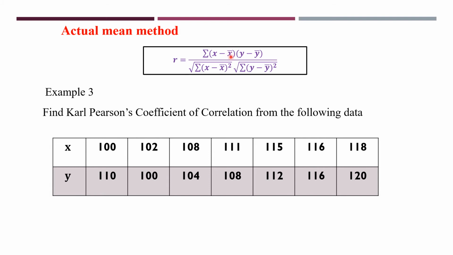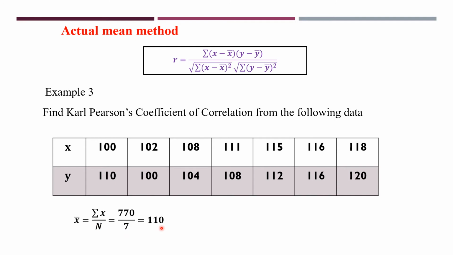Now mean of x is calculated as the summation of all the values divided by the total number. So 1, 2, 3, 4, 5, 6, 7. So x bar will be summation of x divided by 7. So we get x bar to be summation x divided by n, and if I add all these values of x, we will get 772 upon the total number of data given, that is 7.